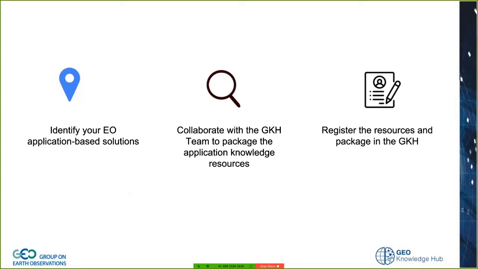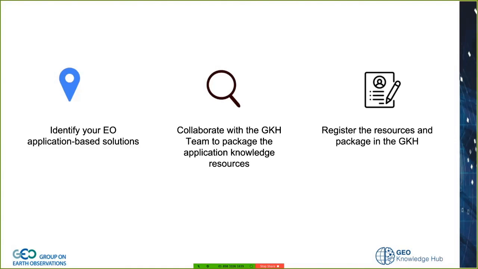Then you would contact the GEO Knowledge Hub team to start collaboration in identifying the various essential knowledge resources that comprise your Earth observation solution. Finally, with the help of the GEO Knowledge Hub team, you would be invited to co-create the knowledge package based on your knowledge resources to be featured within the Knowledge Hub.